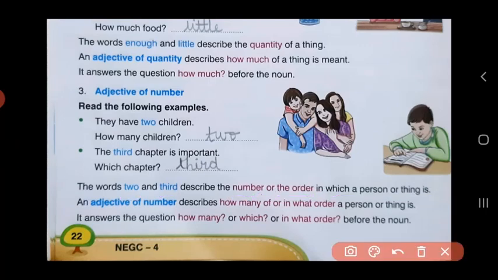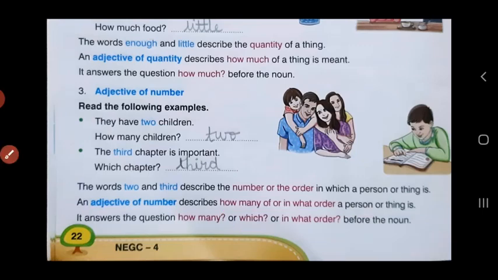So an adjective of number describes how many of or in what order a person or thing is. It answers the questions how many or which or in what order before the noun.